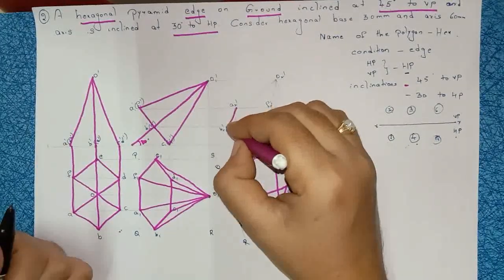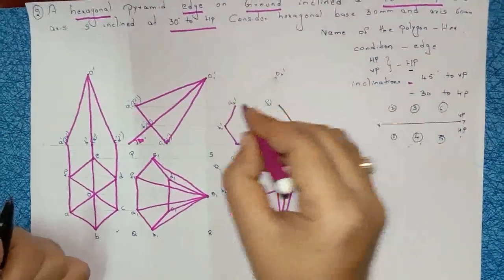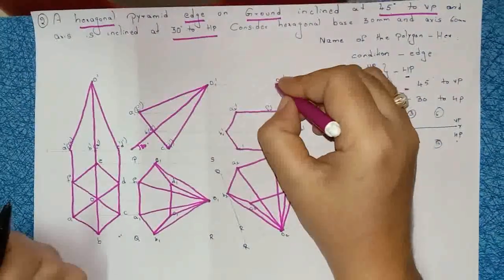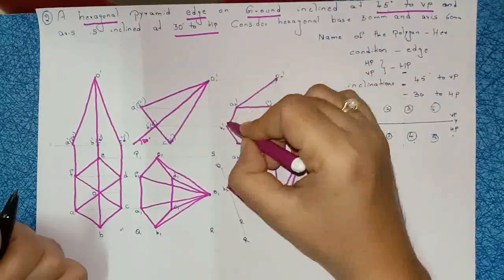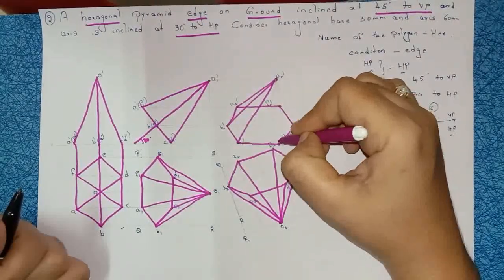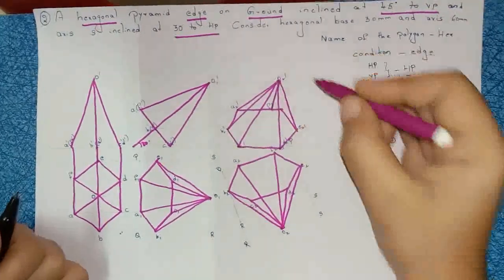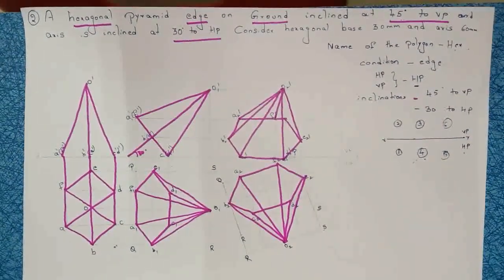Join all this A, B, C, D, E, F, you will get the hexagon. This is your O point. Join O to A, O to B, O to C, O to D, O to E, and O to F. You will get the hexagonal pyramid.